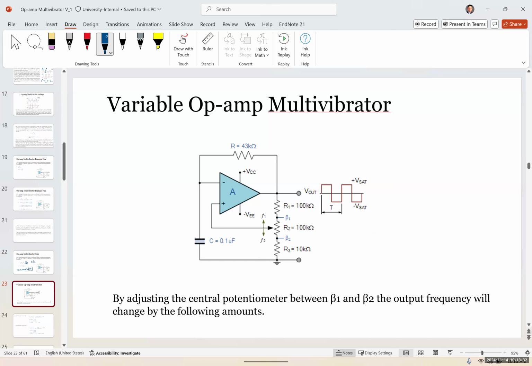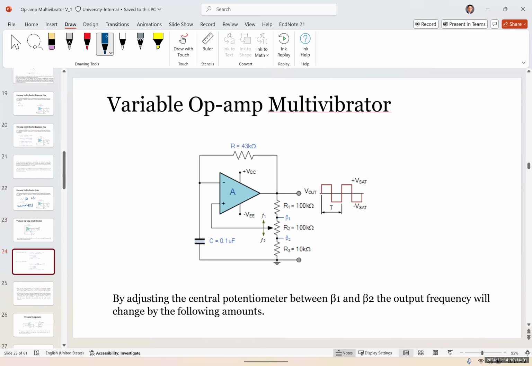Adding a second potentiometer between R1 and R3, here, we can change the beta. And by changing the beta, we can change the overall oscillating frequency of the system.